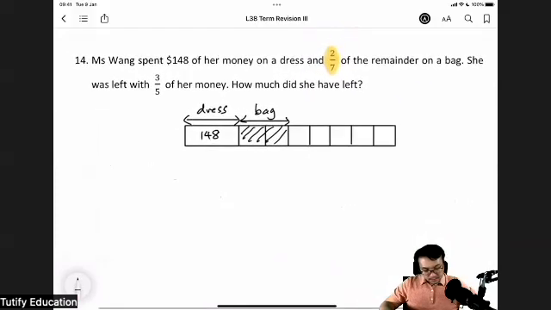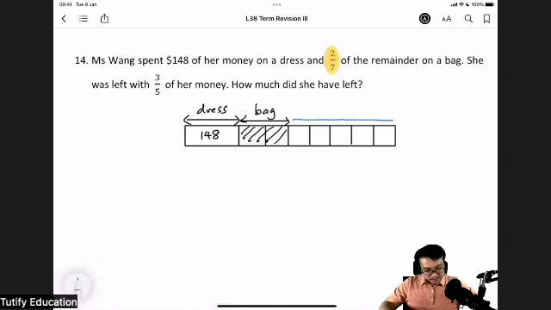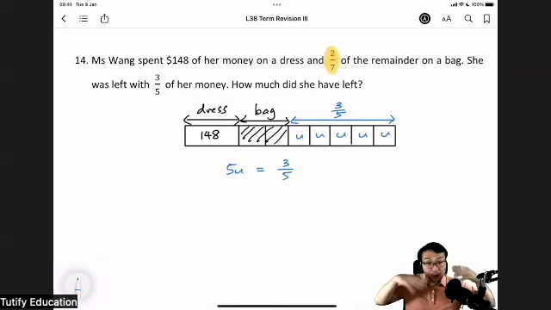And finally, the question tells me that I have 3 out of 5 of the original amount of money remaining, correct? Yes. Okay, great. So Talia, when you look at the model, you can see 1 unit, 2 units, 3 units, 4 units, 5 units. We can see that 5 units represents 3 out of 5 of the original amount of money.